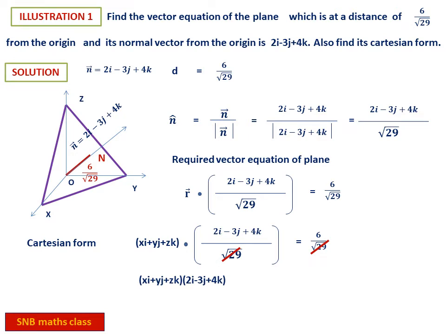Therefore (xi plus yj plus zk) dot (2i minus 3j plus 4k), that is equal to 6. So dot product, so 2x minus 3y plus 4z equal to 6. This is the equation of the plane in Cartesian form. So both vector form and Cartesian form.